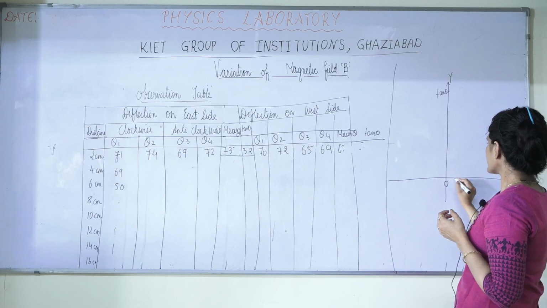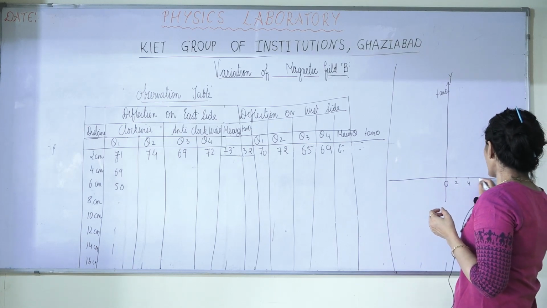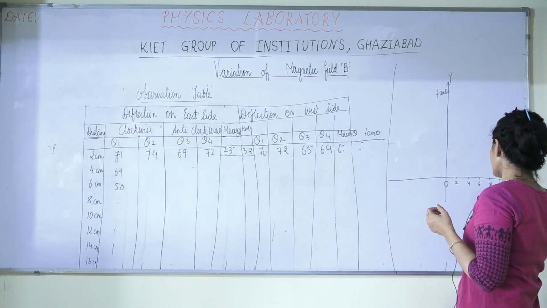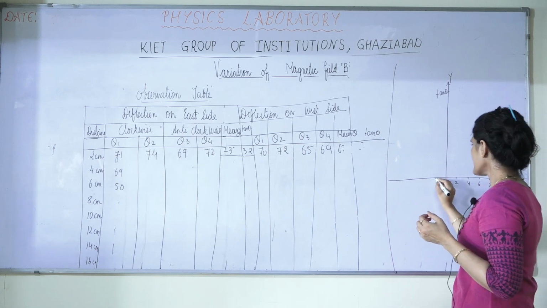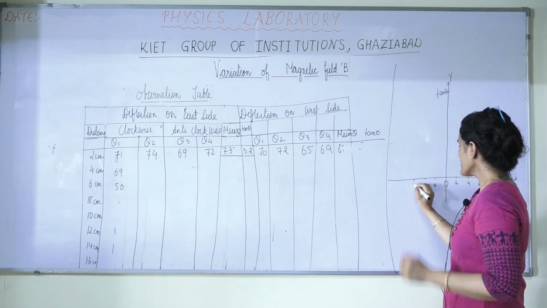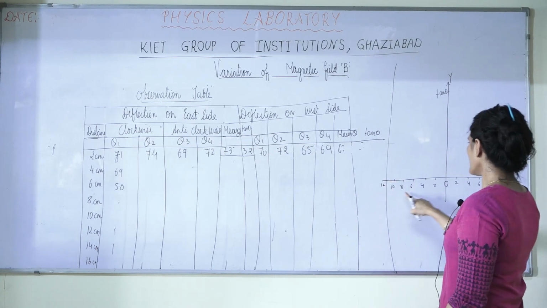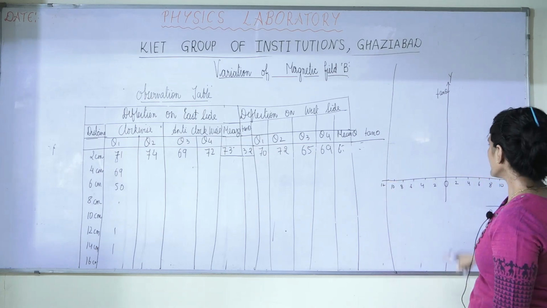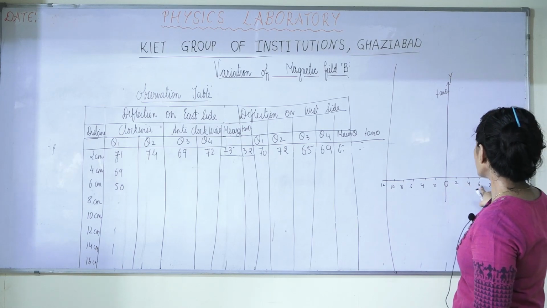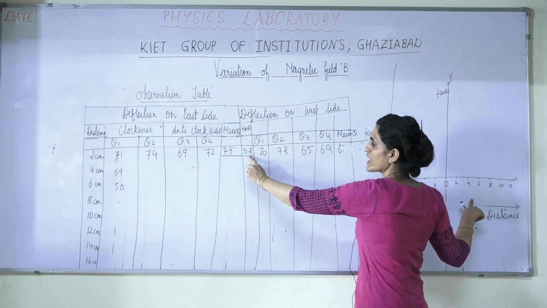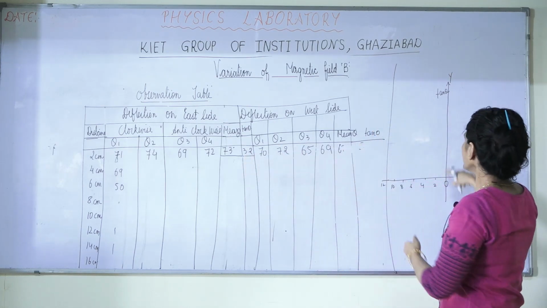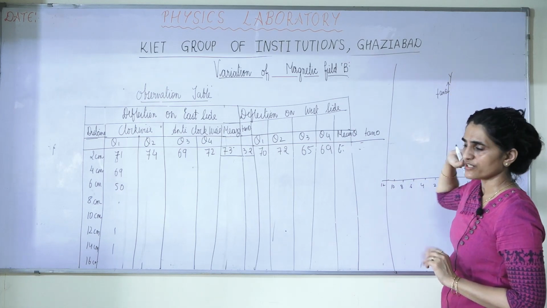So this is 2, 4, 6, 8, 10, 12, and the same way over here 2, 4, 6, 8, 10 and 12. We will write down the readings, and whatever value of tan theta I get, I will write it over here.